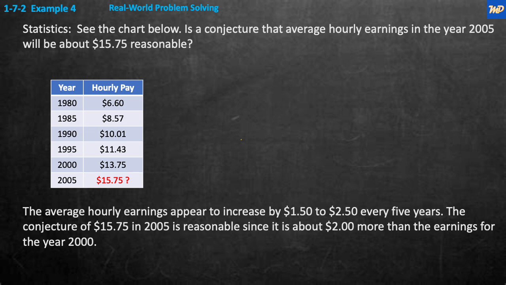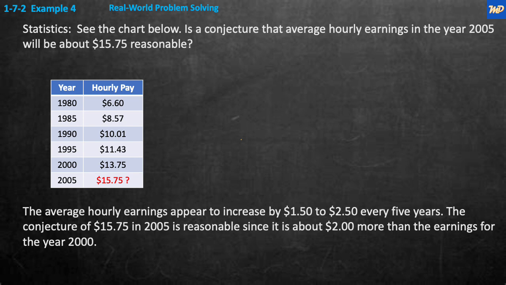Okay. From 1990 to 1995, we went from 10 to 11.34, which is $1.50. From 95 to 2000, we went from $11.50 to 13 and a quarter or so. So now we're talking about $2.25, a little even more maybe. Okay, whatever.